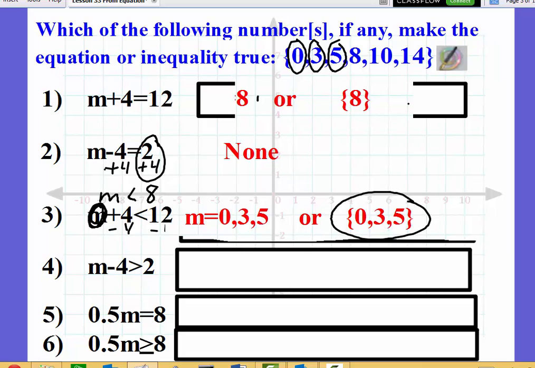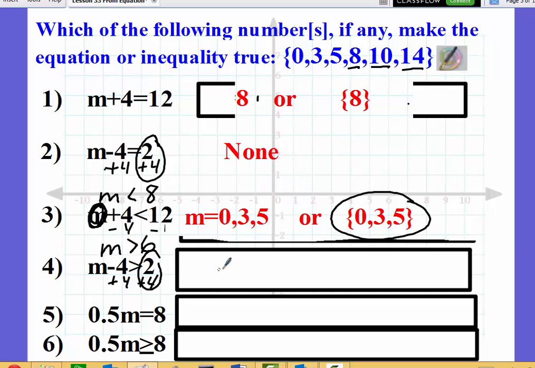Okay, my next one. M minus 4 is greater than 2, so I'm going to do the inverse, plus 4, and I'm left with m, and then I add those two together. M is greater than 6. So what would I have? Well, my ones that are greater than 6. 8 is greater than 6, 10 is, and 14.